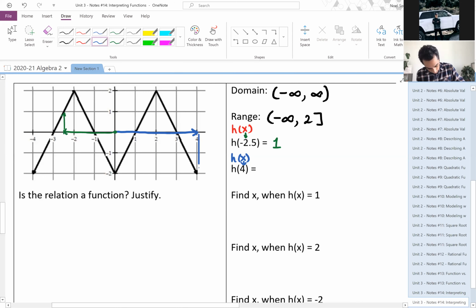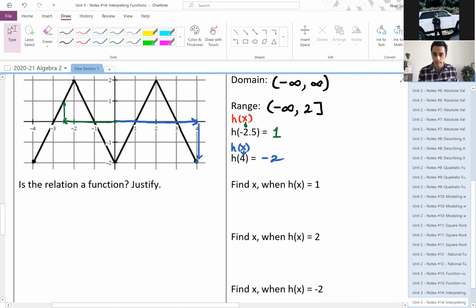So I'm going to travel downwards. And then what would that y value be at that point? Yeah, it's negative 2, right? So this one was nice. It gave us an output for both. All right. Any questions on that? Okay, good.